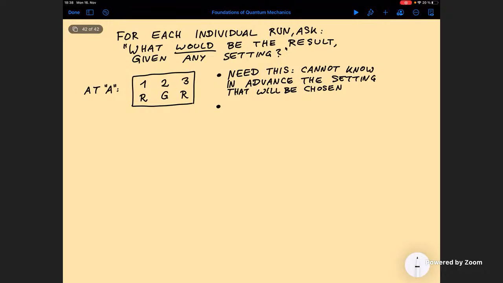Here it looks like I have a table for A, and there would be likewise a similar table for the object being received at station B. And to each of the three settings, I get one of the two possible colors. So in other words, instead of having anything depending on combinations of settings, I really have separate tables for the both sides.